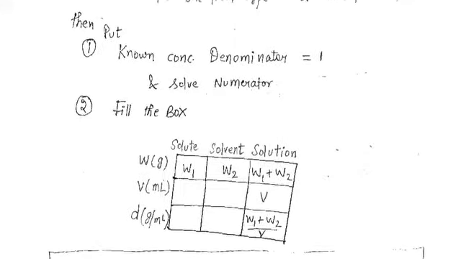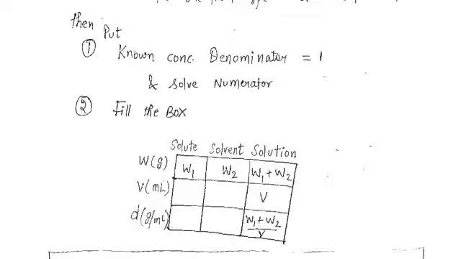Whatever is given to us, for example, if molarity is given to you, you know that it is moles by volume. So you have to put the denominator equal to 1. That means you have to assume the volume, because molarity equals moles upon volume.